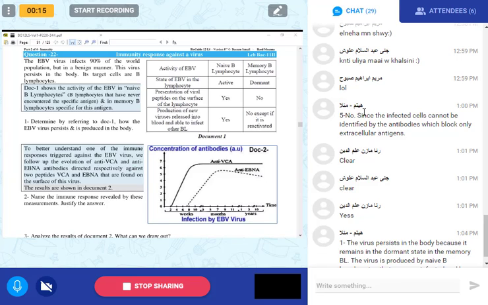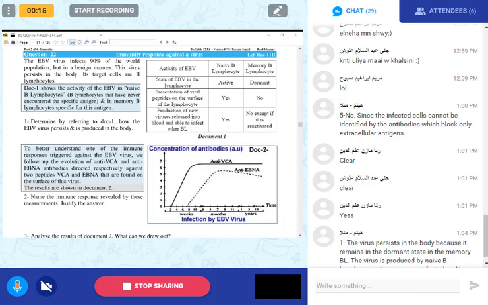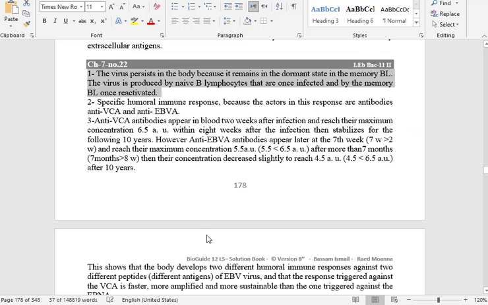Okay, after the infection, results are shown in document 2. Name the immune response revealed by these measurements and justify the answer. Okay, what is the immune response revealed by these measurements? And let's justify the answer. فإذا who can tell me which immune response is used here?